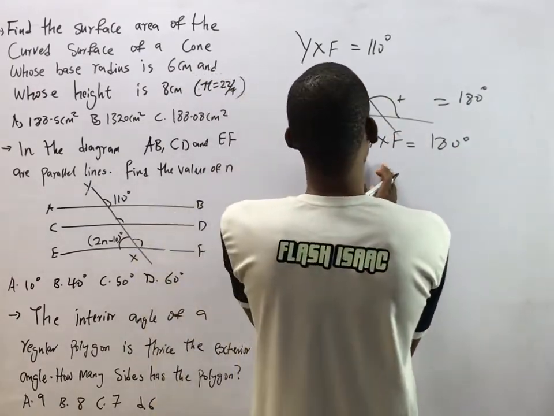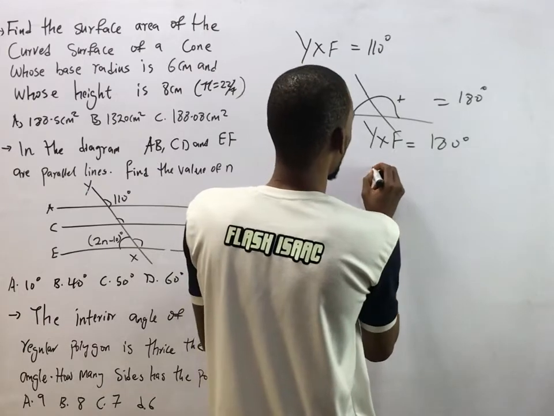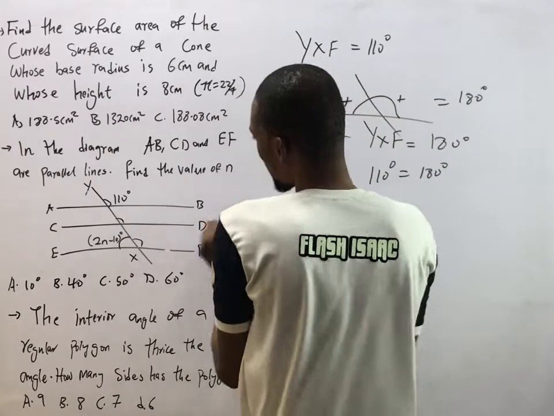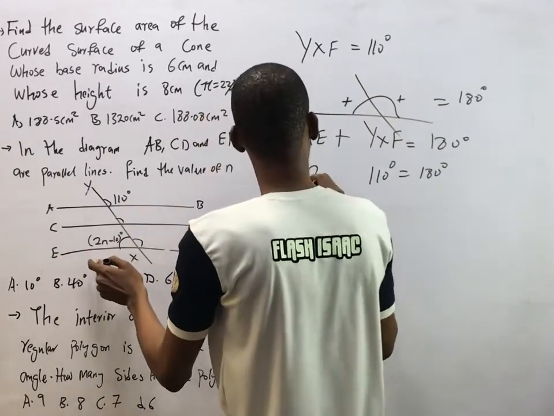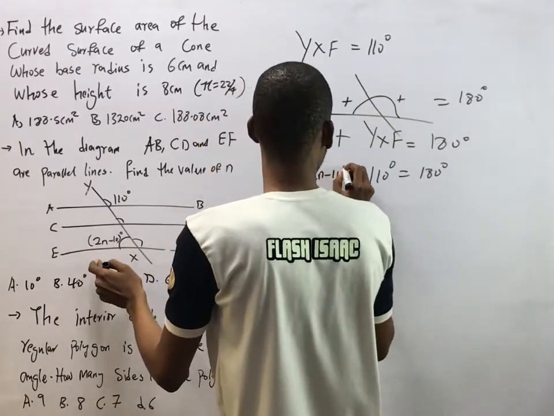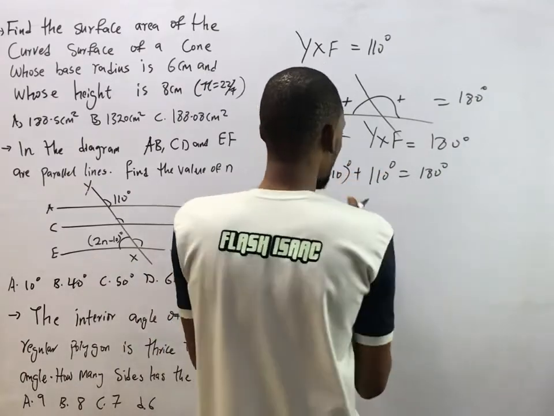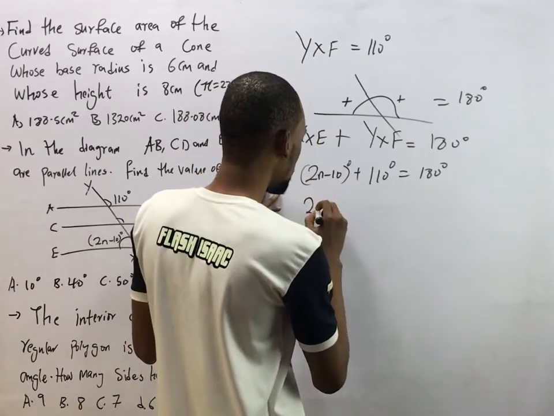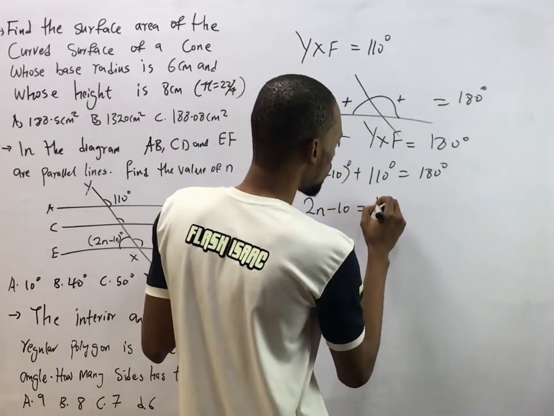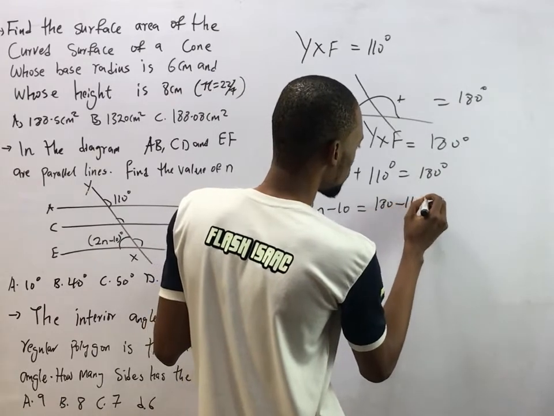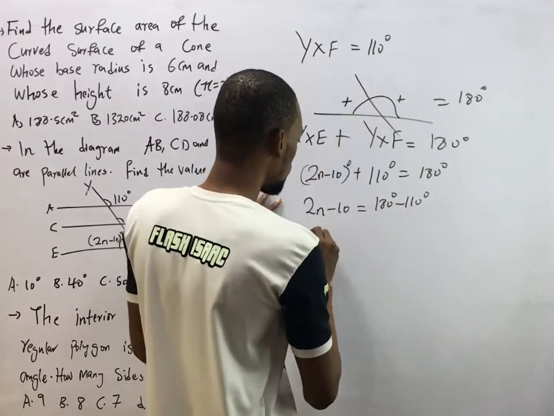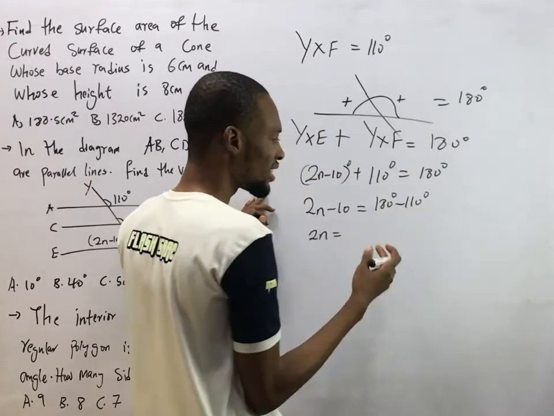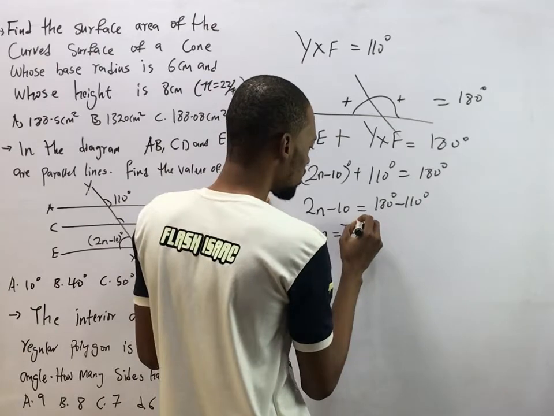Now we have YSF to be 110 degrees, and we have YSE to be 2n minus 10 degrees. So this plus this is equal to 180 degrees. So we can have 2n minus 10 will give you 180 minus 110 degrees. 2n will be equal to 180 minus 110 degrees, which will give you 70 degrees.